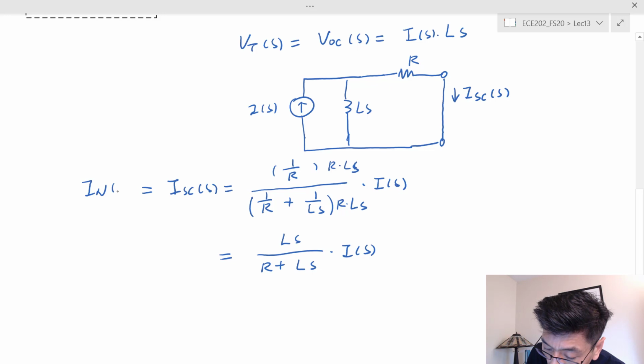So this is I_N(s), and now the impedance.